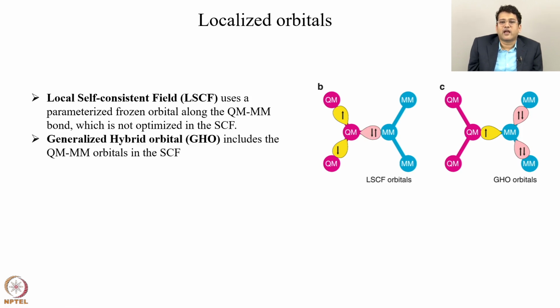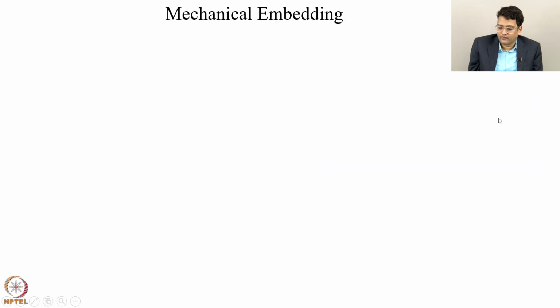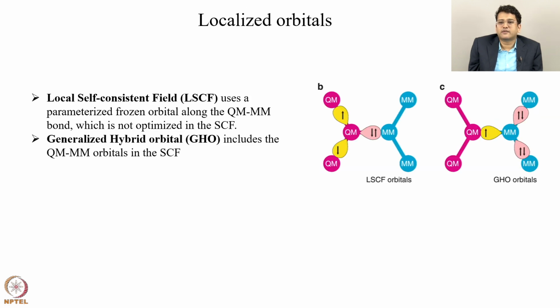Whereas in the generalized hybrid orbital, this orbital is considered in the SCF. So the main difference is that in one case the orbital is frozen: I put 2 electrons and I never change it, whereas in the other case the QM orbital is directed towards the QM atom only. Here only the QM orbitals are optimized and this is left out of the optimization process.